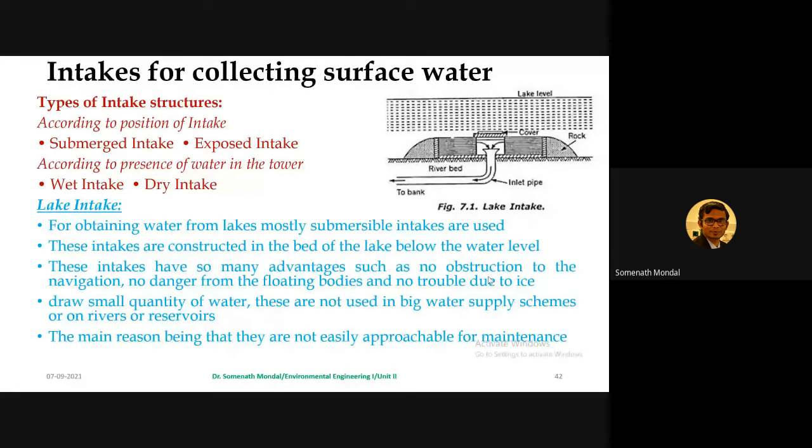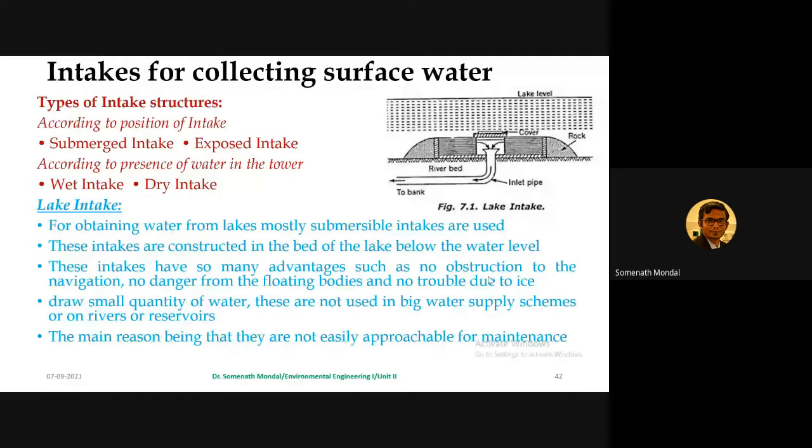These intakes have many advantages, such as no obstruction to navigation, no danger from floating bodies, and no trouble due to ice. These structures are constructed at the bed of that particular lake or water body, which is usually known as river bed.